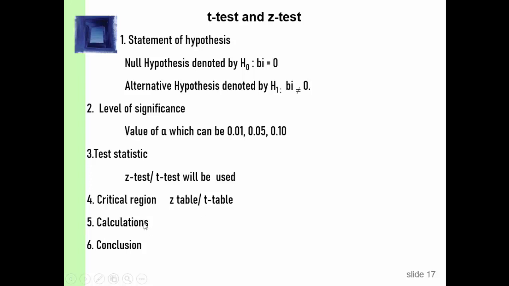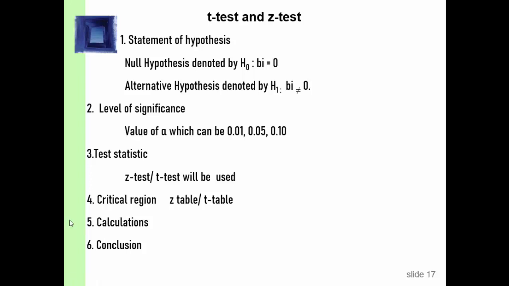In step number 5, we calculate the values of z and t with the help of the data and the formulas given in step number 3. The last step is the conclusion. In this step, we decide on the basis of steps 4 and 5, comparing the tabulated z and t with the calculated z and t.